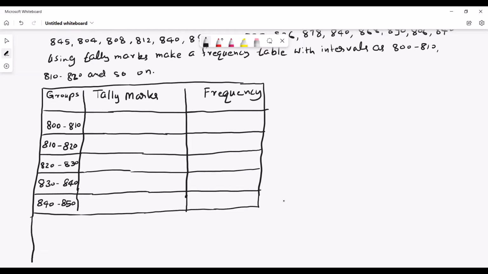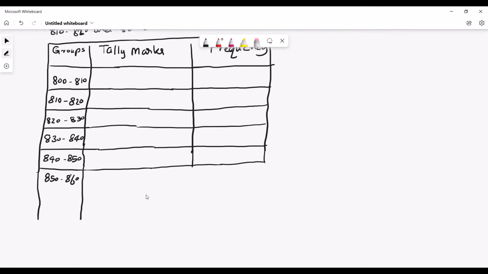Then we can write the next 10 range, that is 850 to 860. Instead of writing 800 everywhere, writing 50 to 60 will also do. After writing the first one as 800 to 810, you can write 10 to 20, then 20 to 30, that way also.